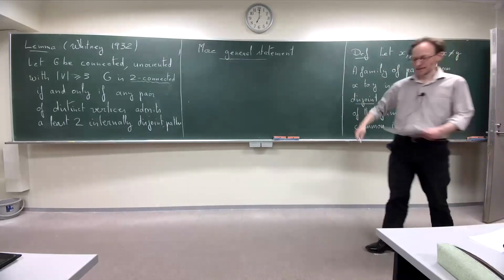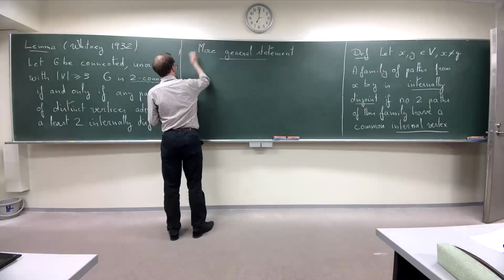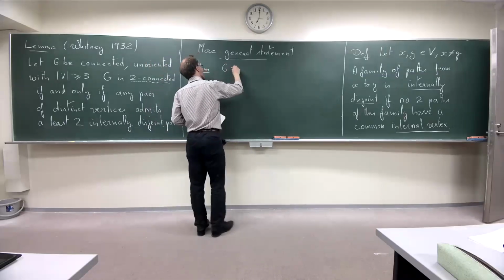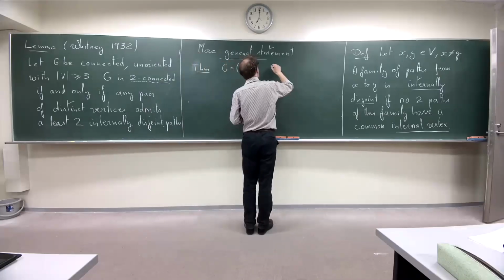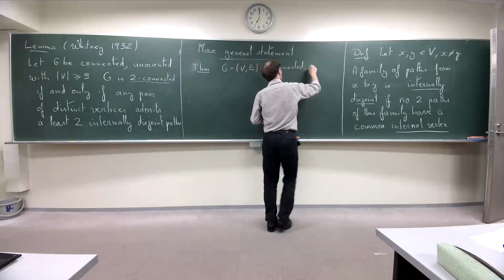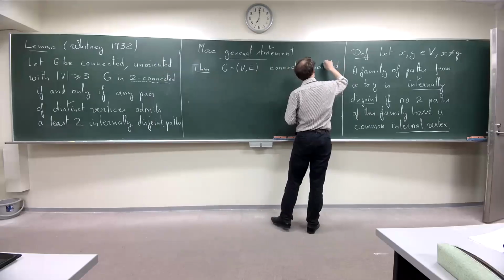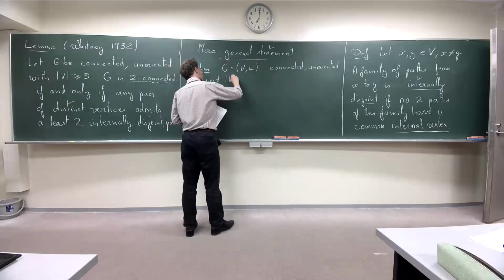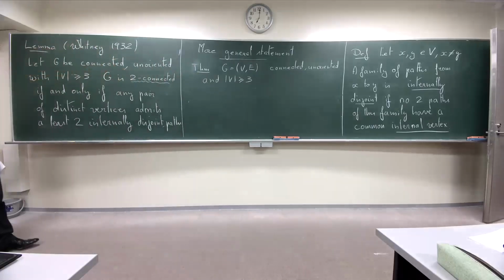I want to generalize this. So, lemma or theorem: G, which is this V on E, is connected and oriented and V bigger or equal to... By the way, check what happened with 2.